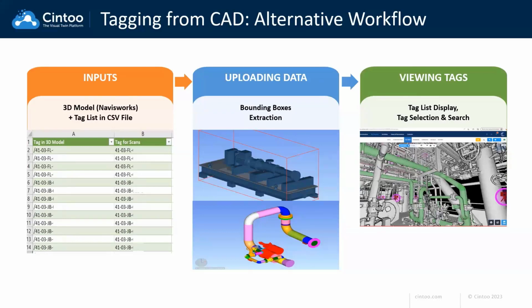One that has not been explained really in a live demo is this possibility to populate your tags from a CAD model. So by giving a list in a CSV file, for example, a list of tags coming from a CAD model like Navisworks, and also by uploading the Navisworks model into Cintu, Cintu can automatically extract the bounding boxes from the CAD model and use that as a bounding box for the scan data, provided that, of course, the scan and the model are very well aligned all together.